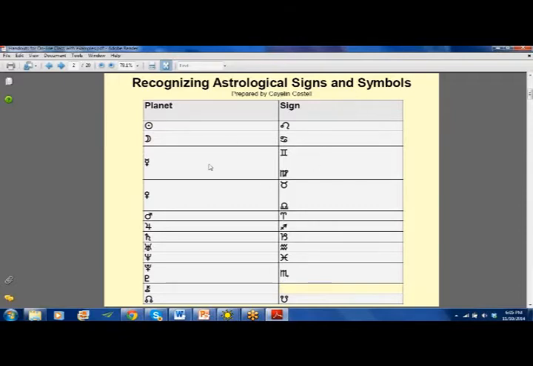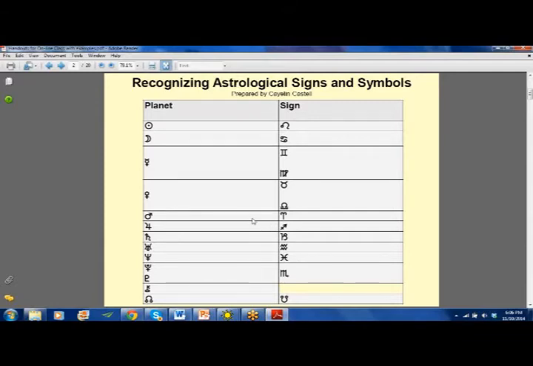So the first thing I want to do is address some of the questions that came in. And also, I'm just going to go through the handouts really quickly. This is something you can print out and practice writing in. This is the symbol for the Sun, so you write in the different symbols. It's a great way to practice and be able to recognize and write them. Once you get really familiar with these symbols, they're shorthand.